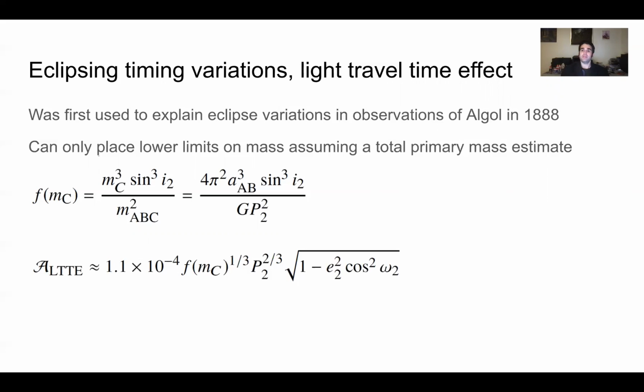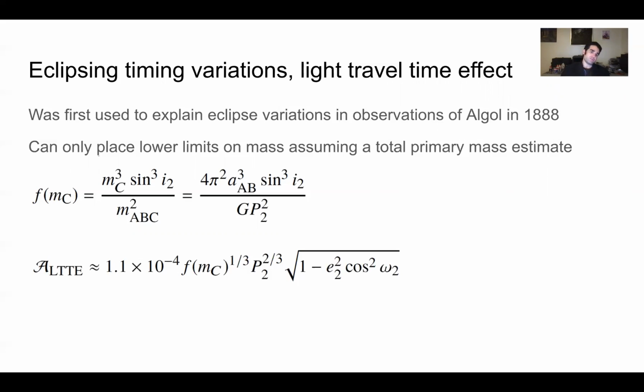It's actually very small, and that is proportional to the mass function, which, as you can see at the top, is a function of the mass of the tertiary and the combination of masses from the close-in binary and the tertiary, as well as the inclination and semi-major axis of the close-in binary, and so on.